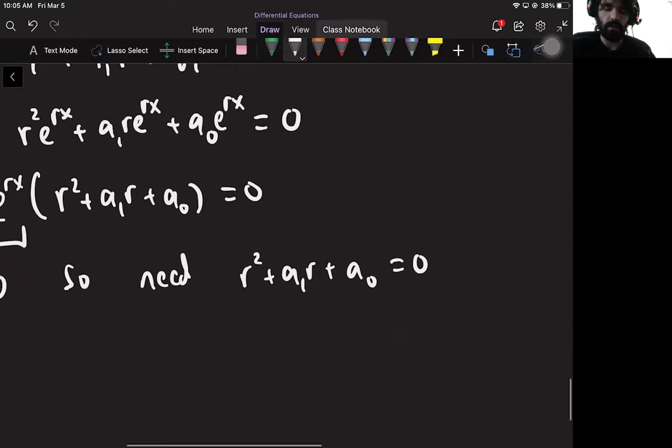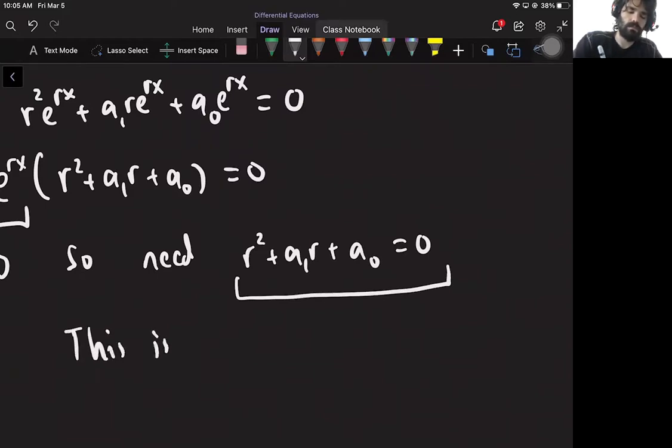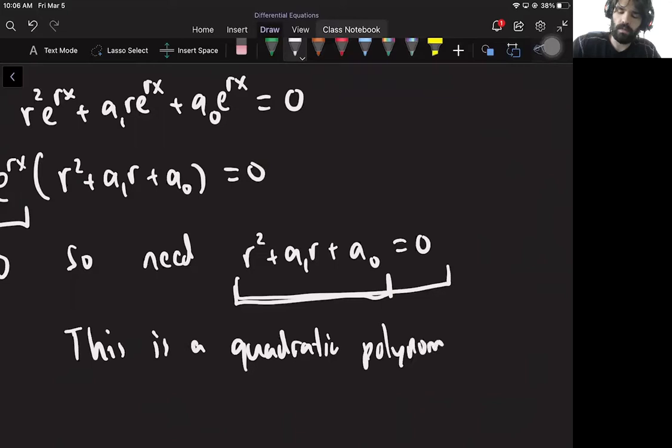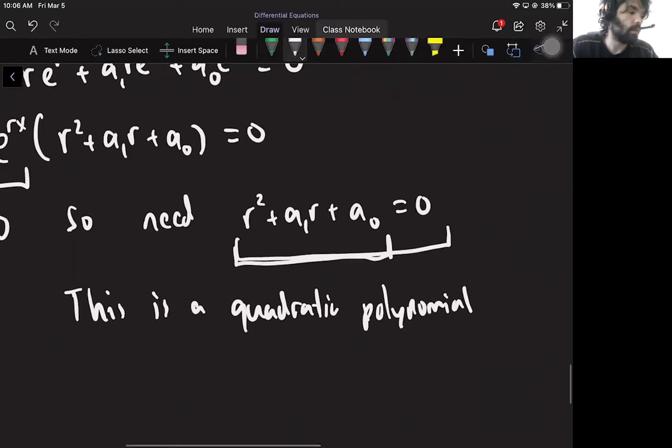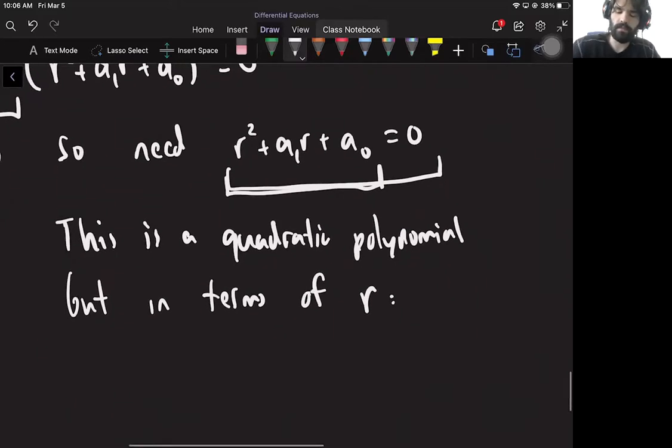And this might look very familiar to you, just with different letters. This thing here is actually a quadratic. You could think of this piece on the left here as being a quadratic polynomial, meaning second power polynomial, but in terms of r. So normally you're used to seeing things like x squared plus some number x plus some other number equals 0.